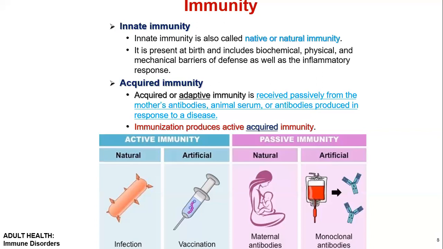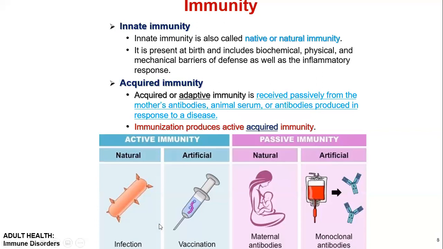So acquired or adaptive immunity is received passively from mother's antibodies or animal serum, or antibodies produced in response to the disease. Immunization can produce active or adaptive or acquired immunities.